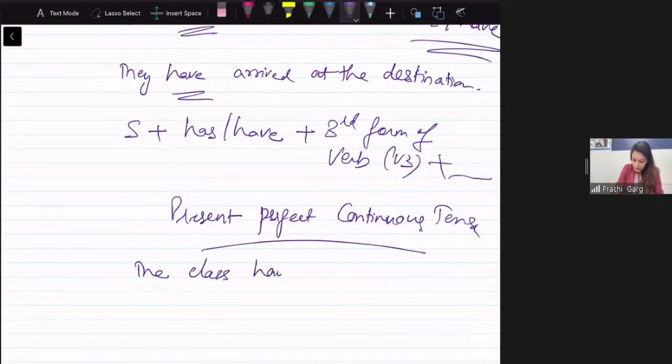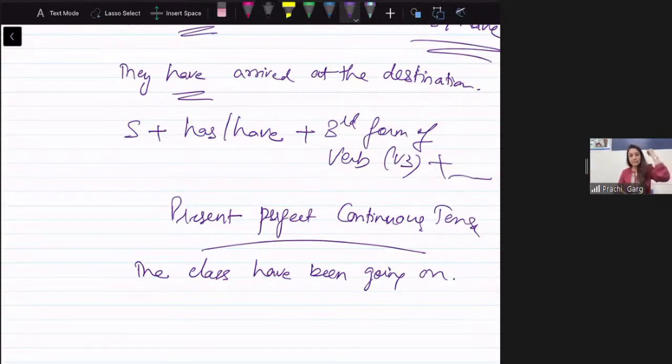The class have been going on, right? So now, when do we use this? We use this to indicate an action which started at some point in the past but may or may not be completed till now.